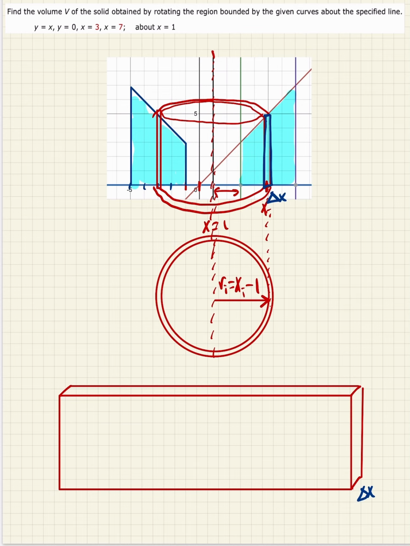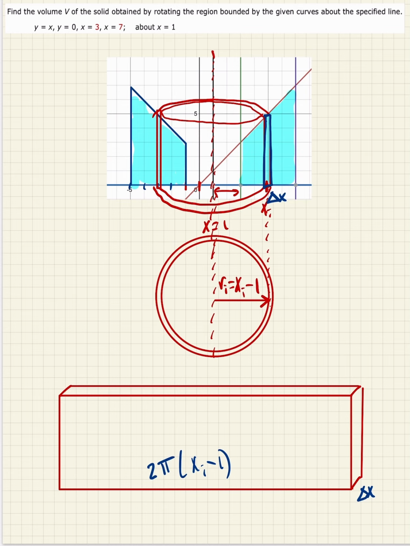That also dictates then that our variable of integration will be x. The horizontal dimension of our rectangular figure will just be the circumference of that shell. And that's just 2 pi r, which would be 2 pi times x sub i minus 1.